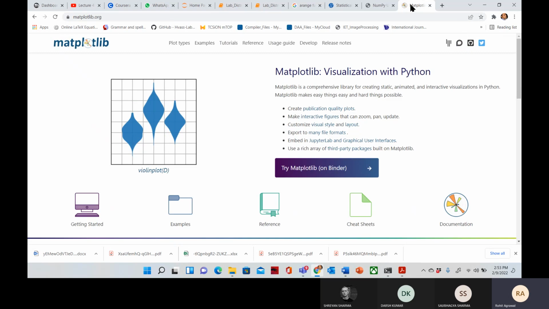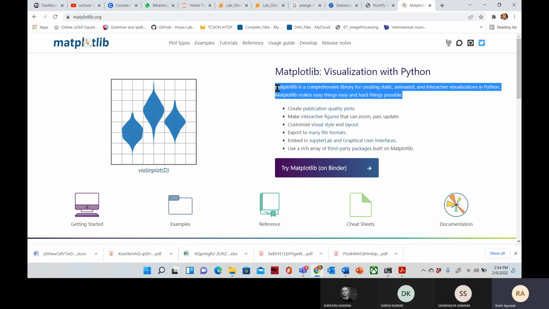This is the documentation, with examples, tutorials, and user guide. It is used for creating static, animated, and interactive visualizations. So this is for plotting purposes. If we want to create a graph, pie chart, scatter plot, bar graph, whatever graph we are going to plot, we will use matplotlib.pyplot.